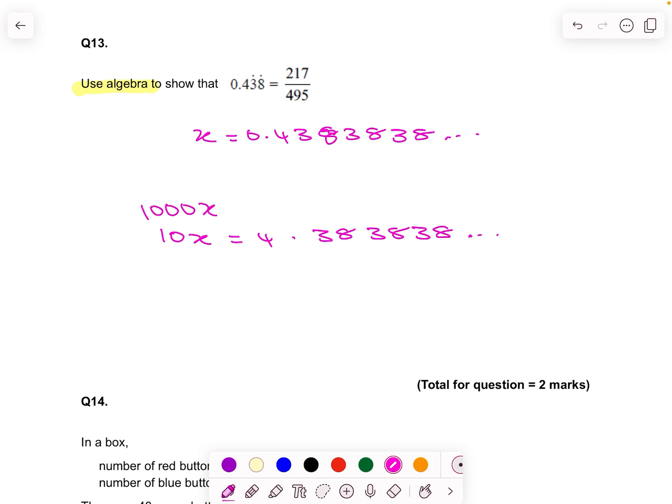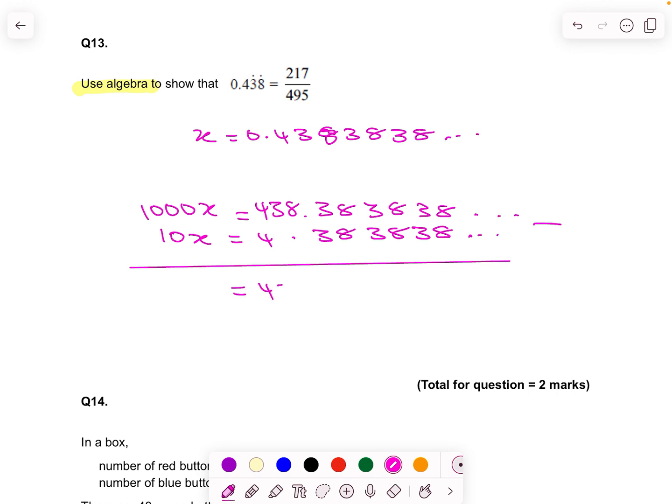So I want 1,000x. And if I times by 1,000, I'm going to get 438.383838 recurring. I'm going to subtract the 2. And so the recurring bit will disappear, and 438 take away 4 is going to be 434. And then 1,000 take away 10 is going to be 990x.